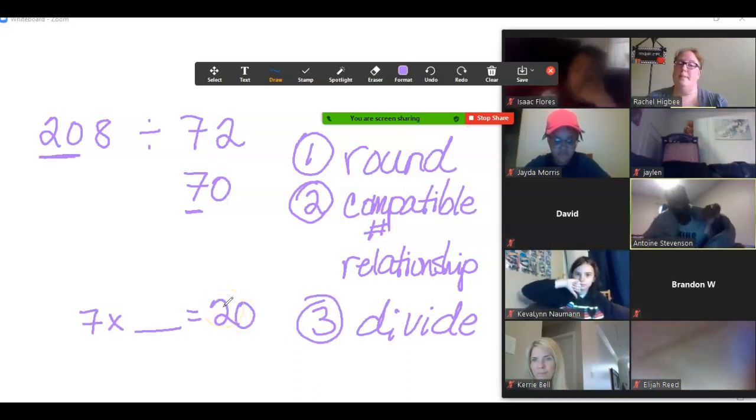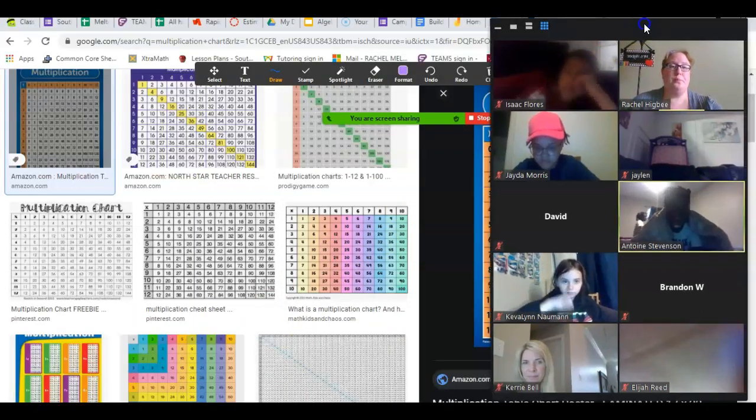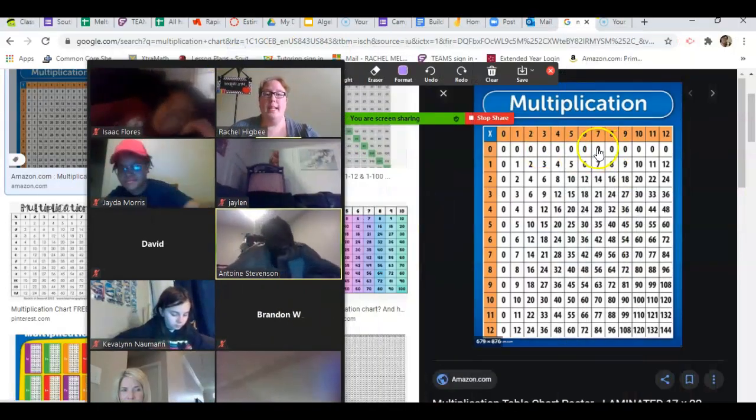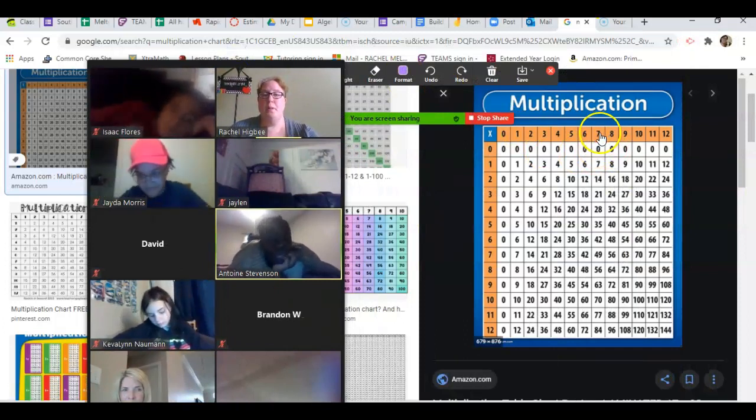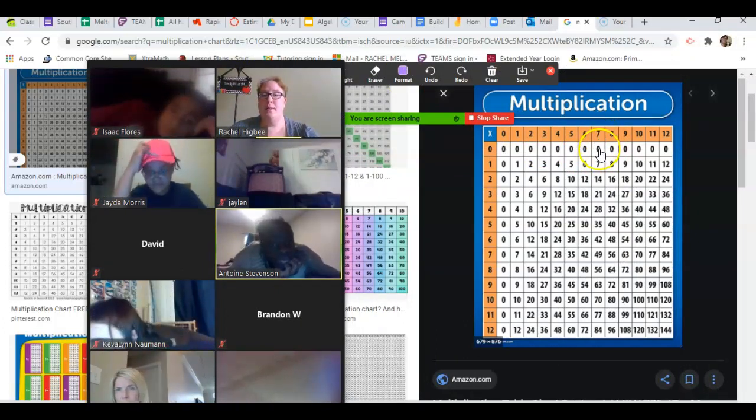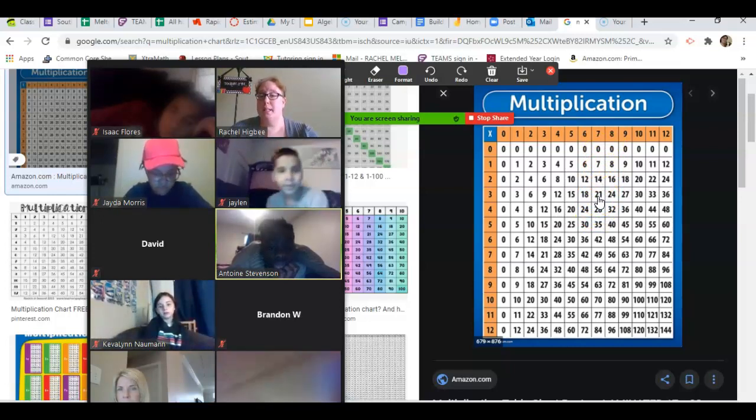That's not good. Okay, let's go back to our multiplication chart. So we're looking at 7 right here, and we're looking to see if 7 has a relationship with 20. Well, there's no 20 on this column, so 7 does not have a relationship with 20. However, look here. Is 21 close to 20? It is.